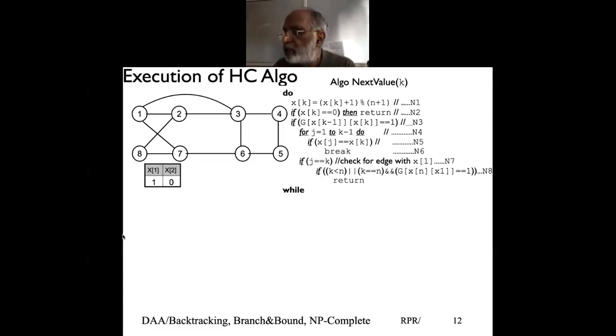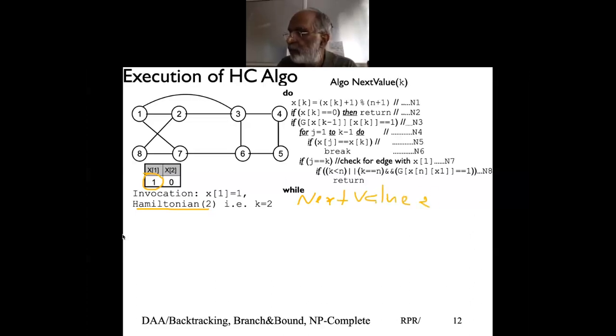We look at starting from this. Initially all values are 0. We start with x1 equal to 1, and that is what we do here. Now we need to invoke Hamiltonian cycle 2. In the Hamiltonian algorithm, the first thing we do is call next value k, so we are calling next value 2.